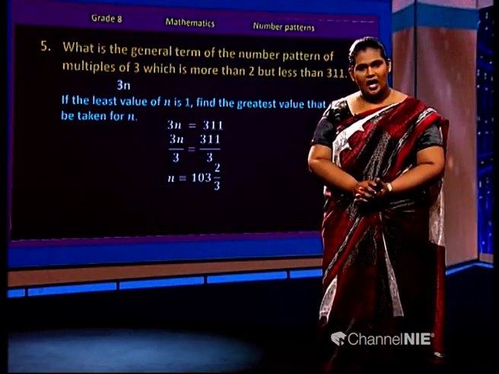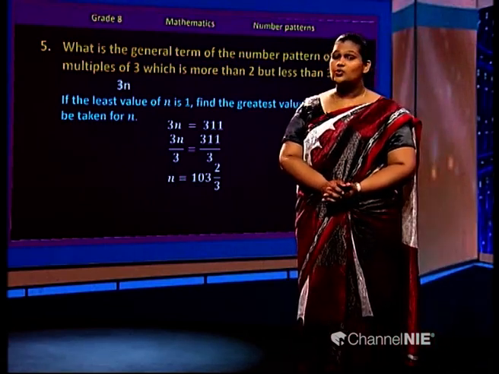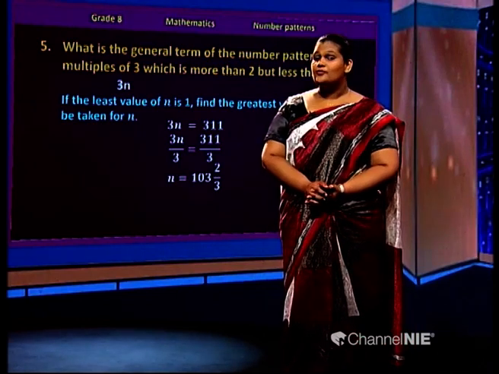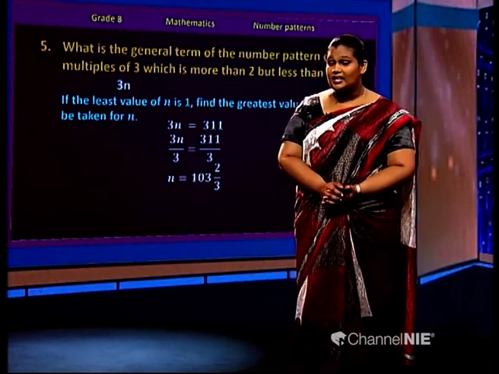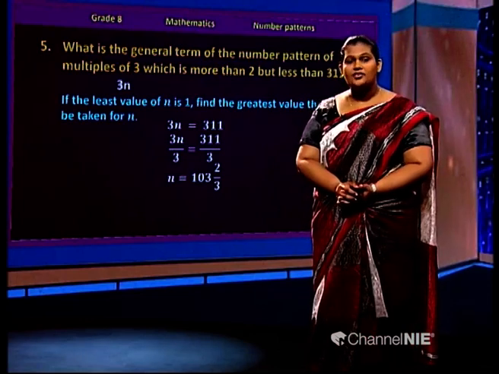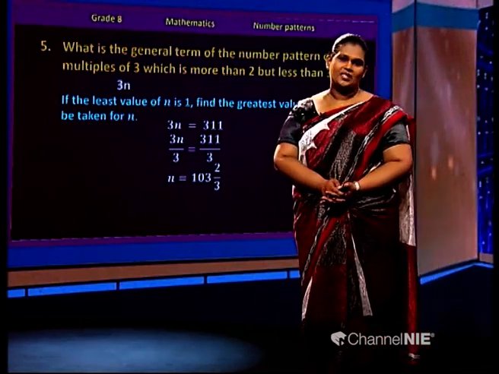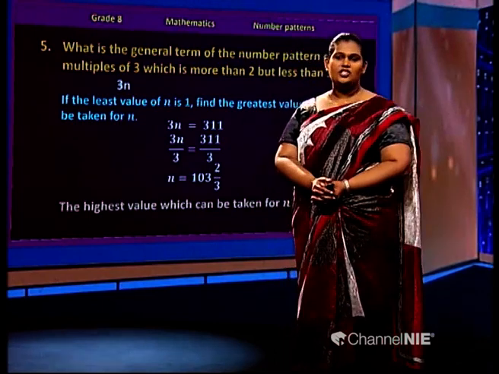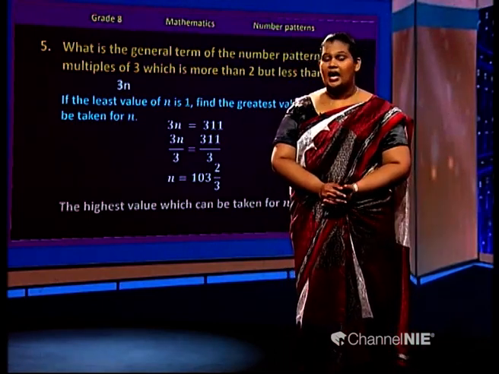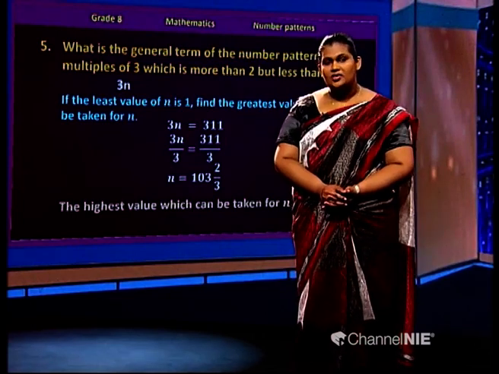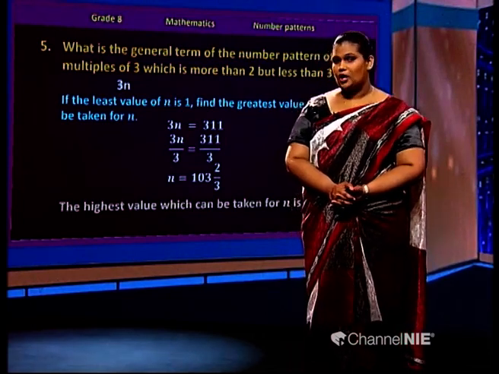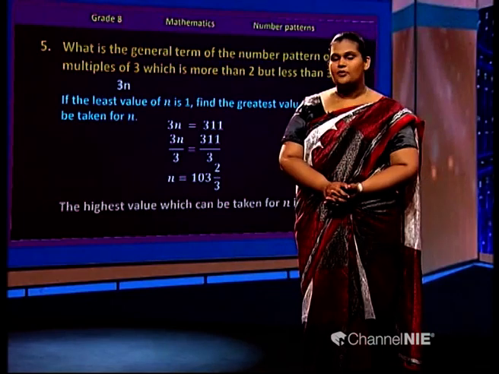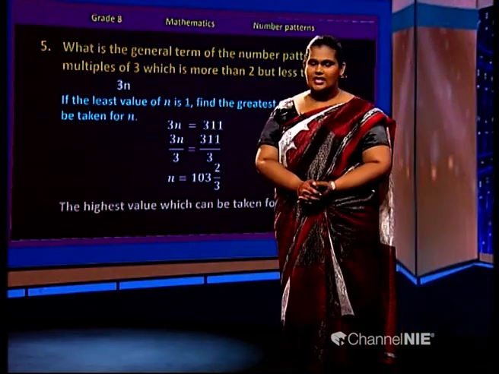Since we can't have 103 2 over 3 terms, we can observe that the greatest term should be the 103rd term. So, we can say the highest value which can be taken by n is 103. Therefore, 103 is the final term of this number pattern.